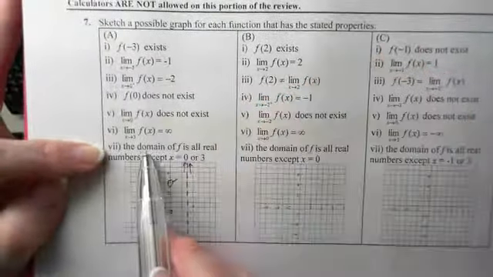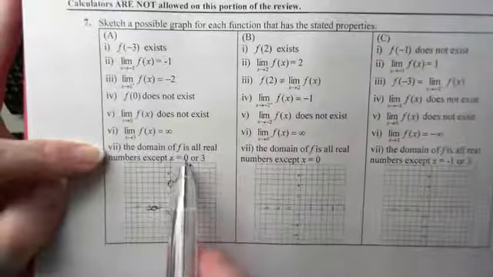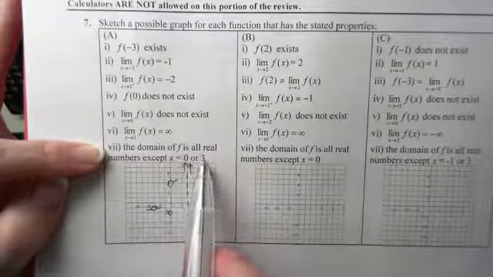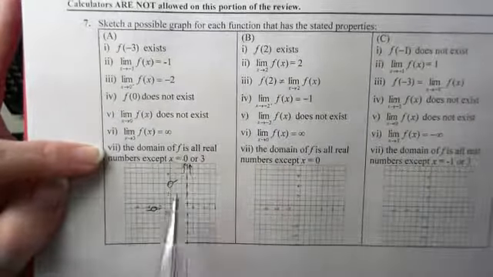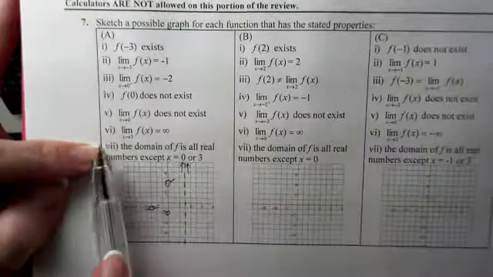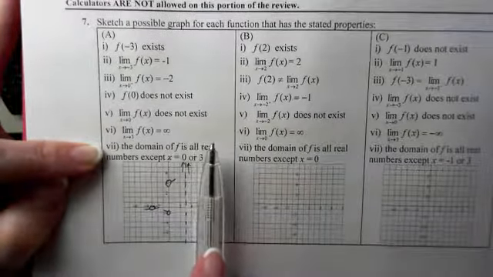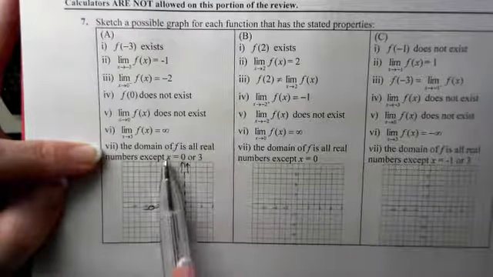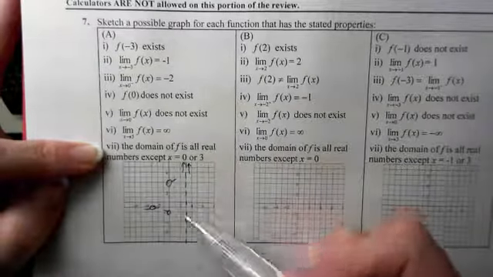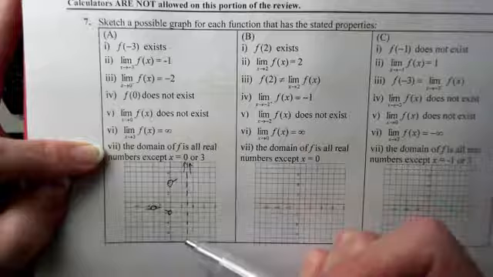Last, we're looking for the domain to be all real numbers except for 0 or 3. So let's double check. That means if I run a vertical line through the picture, I should have a point everywhere except on the y-axis and on the vertical asymptote.